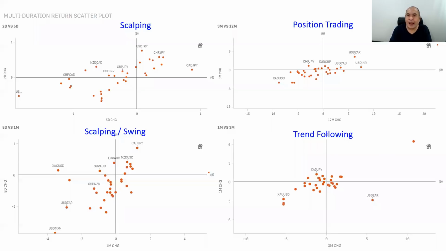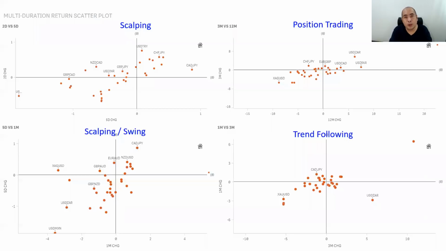Position traders, on the other hand, your best bet is to look at 3 months versus 12 months, 3 months versus year to date, because that's really where the big picture moves are. Those trends tend to be lasting and long living. So right now we can clearly see that emerging markets, even though on a short-term basis some of them are cooling off, pulling back, and the dollar is weakening a little bit over the past 5 days, 3 weeks, generally they're still able to maintain their 12-month trend.